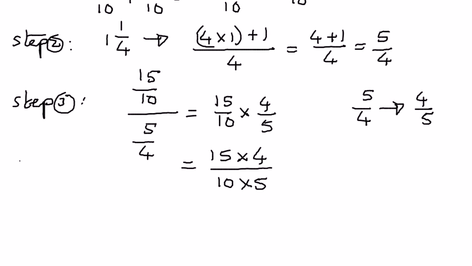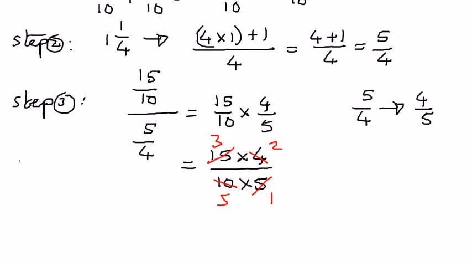So we see a 15 in the numerator and a 5 in the denominator. We can recall our 5 times table. 5 times 1 is 5, 5 times 3 is 15. Then we have a 4 in the numerator and a 10 in the denominator. 4 and 10 are multiples of 2, so we can reduce by 2. 2 times 2 is 4, 2 times 5 is 10.